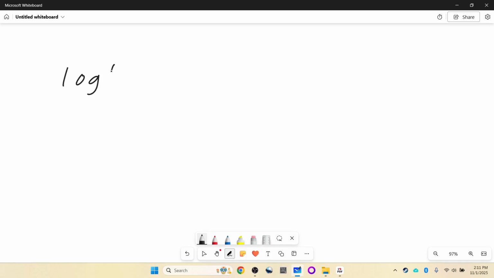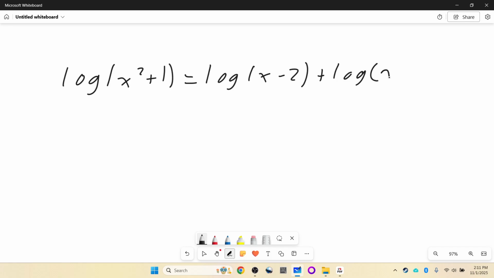Log of x squared plus 1 equals log of x minus 2 plus log of x plus 3. And no base is stated, so we're assuming the base for all these is 10. If you don't see a base stated, it says log, we assume it's base 10.